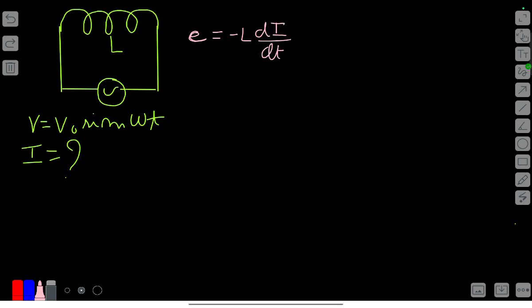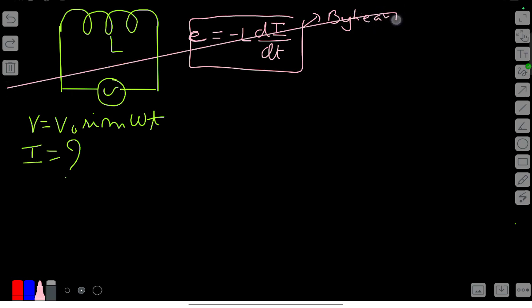I would prefer you to just memorize it, guys. I'm sorry for saying this, but time is very less. So what is the value? E is equal to minus L di by dt.